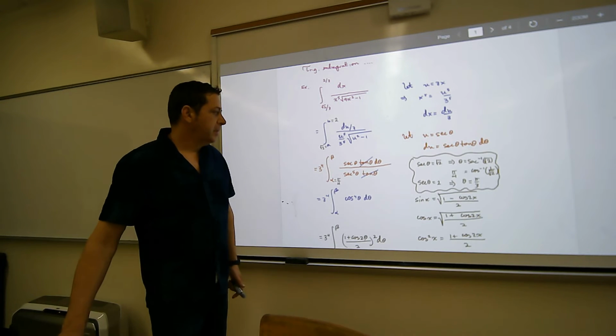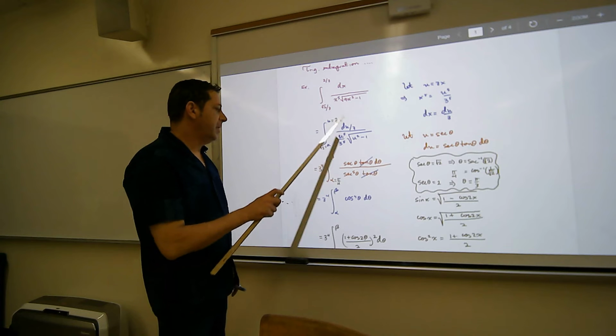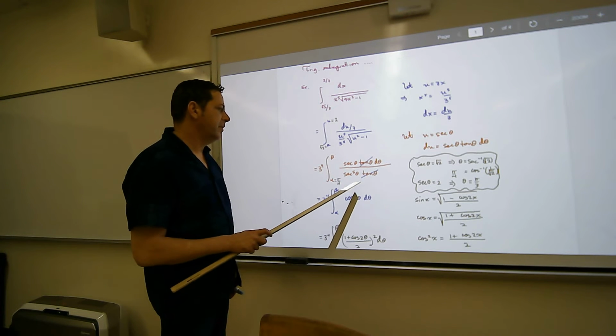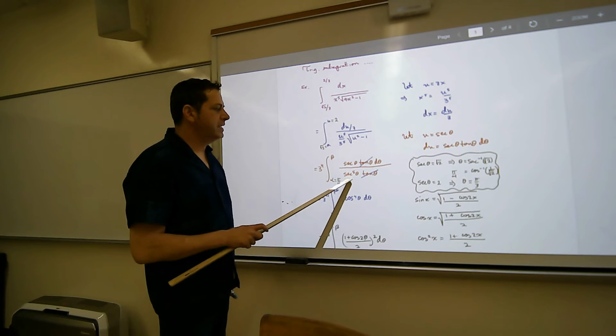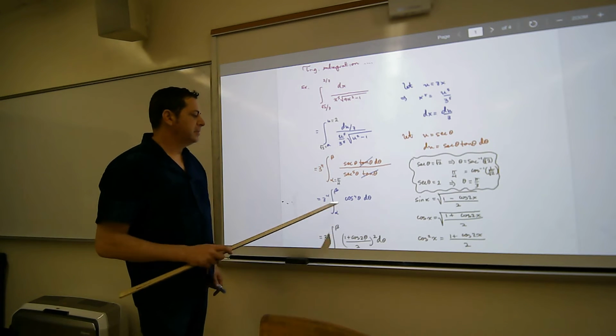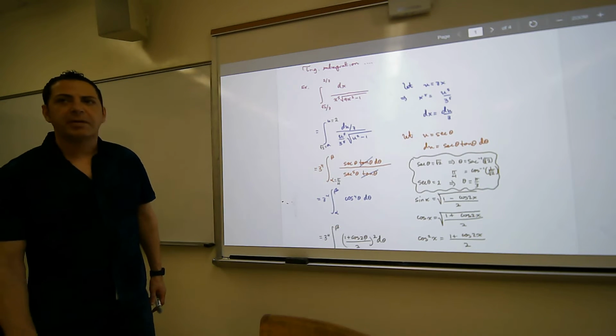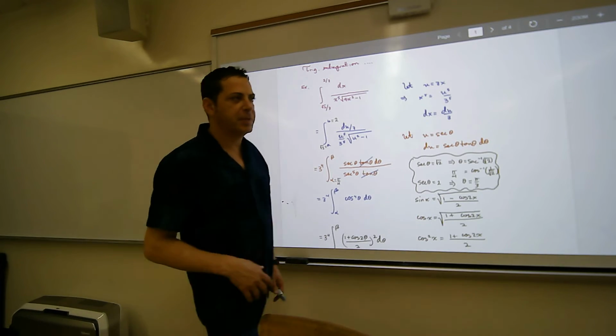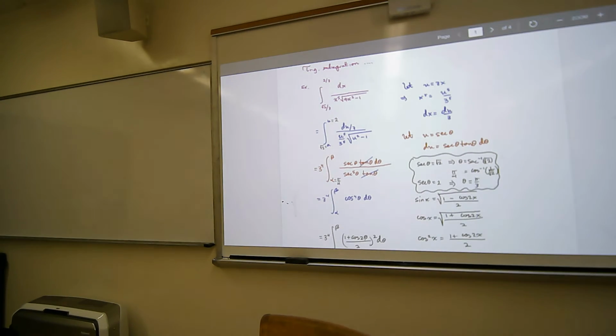And lo and behold, it looked really bad, but now I've reduced to cosine to the 4th. 1 over secant to the 4th is cosine to the 4th. And yeah, I need some new limits. But I'm lazy, so I'm just going to call them names and we'll continue.